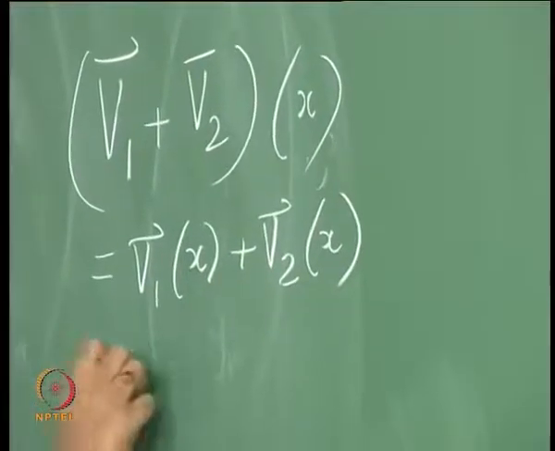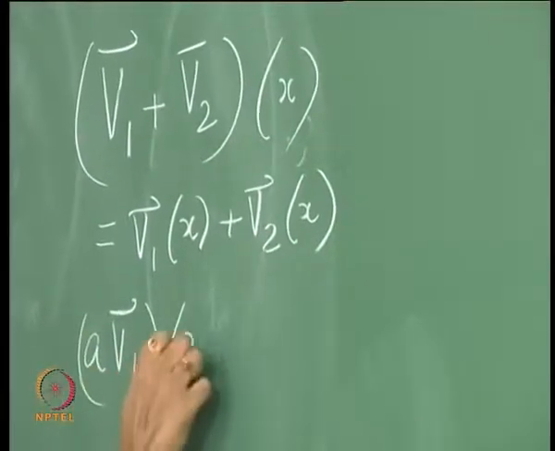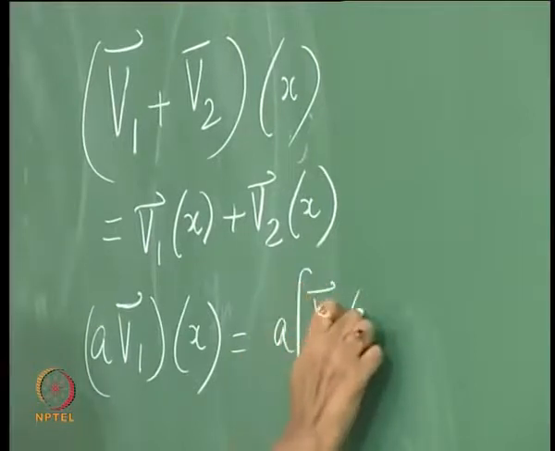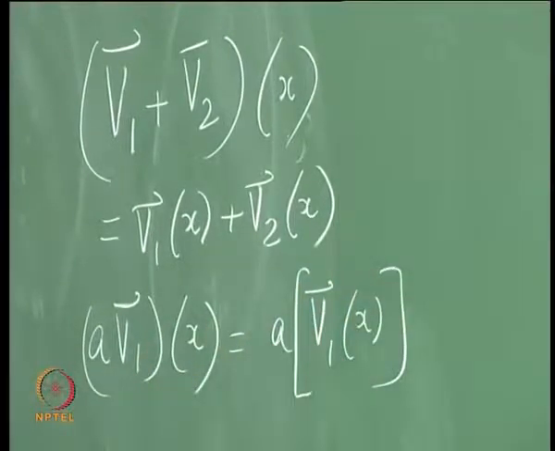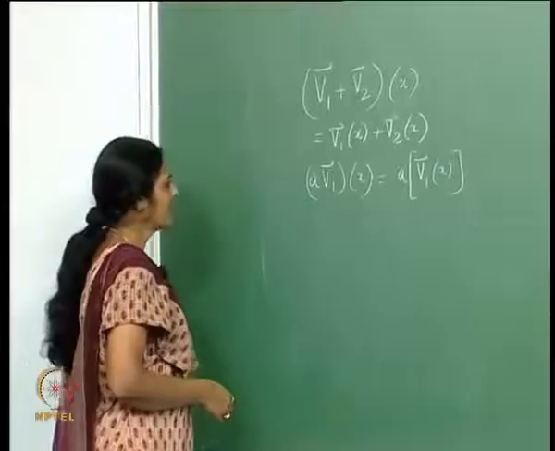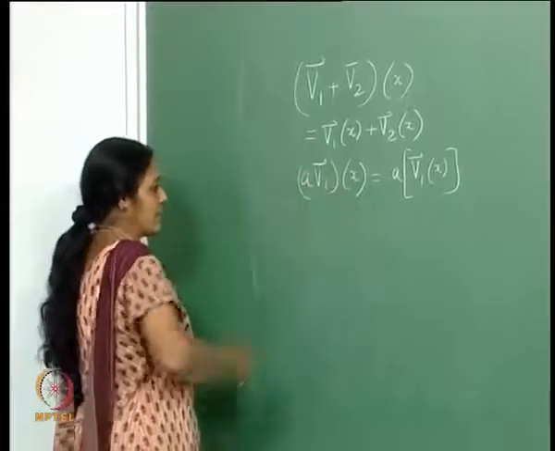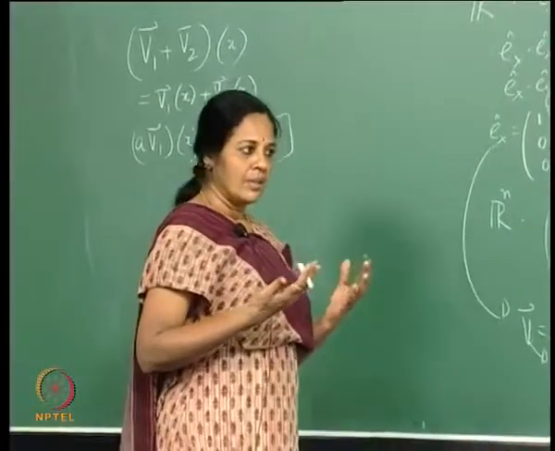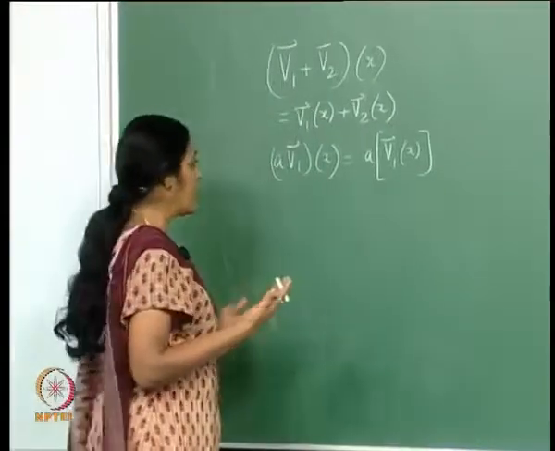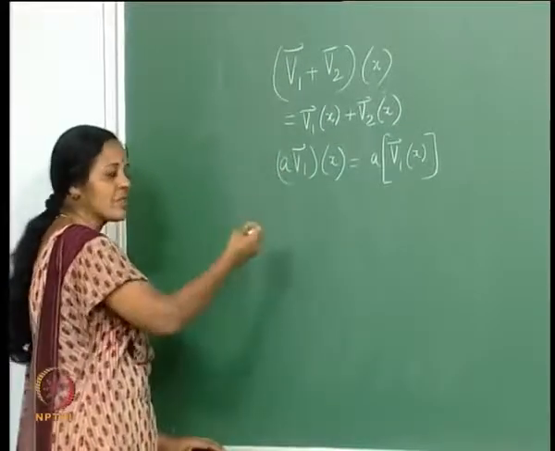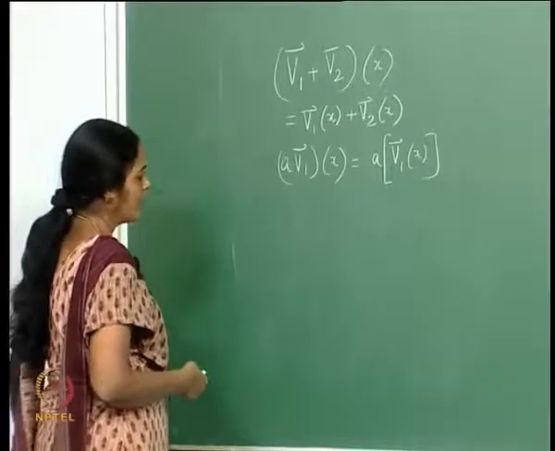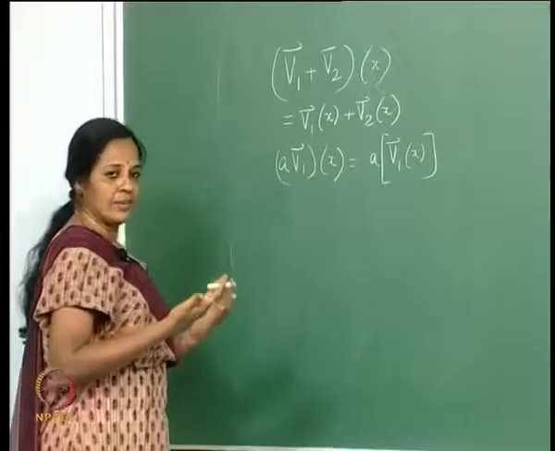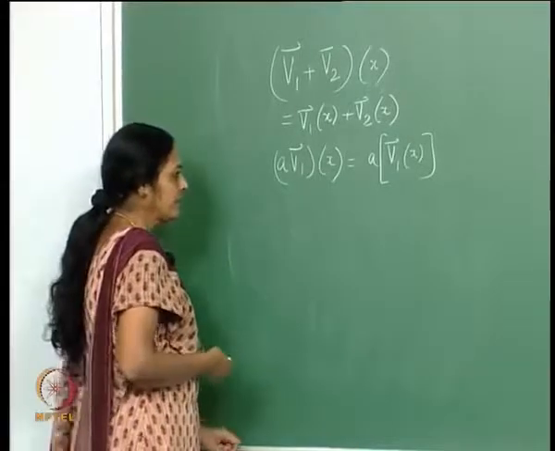And then of course, if a is a scalar and I wish to find this, that is the same as a times the function v1 of x. Now, given this, I can talk of function spaces as examples of linear vector spaces, where I can talk of the manner in which functions combine to produce new functions.